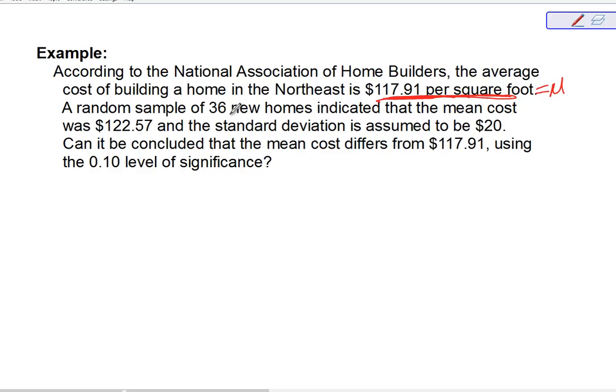A random sample of 36 new homes, that is your n, indicated that the mean cost was $122.57. That is your x bar, your sample mean. And the standard deviation is assumed to be $20. So since it says the word assumed, that means it's the population standard deviation.